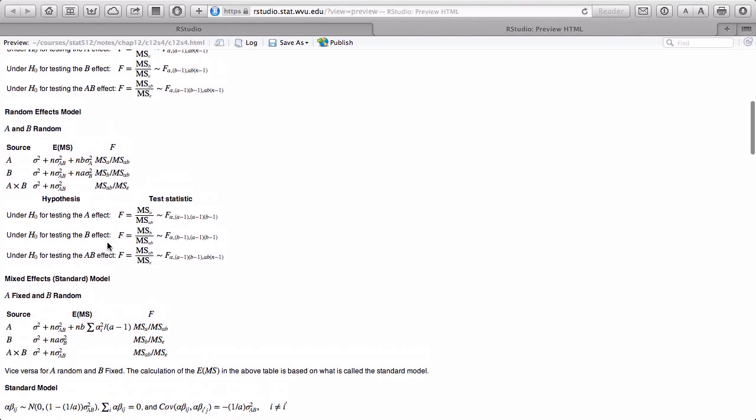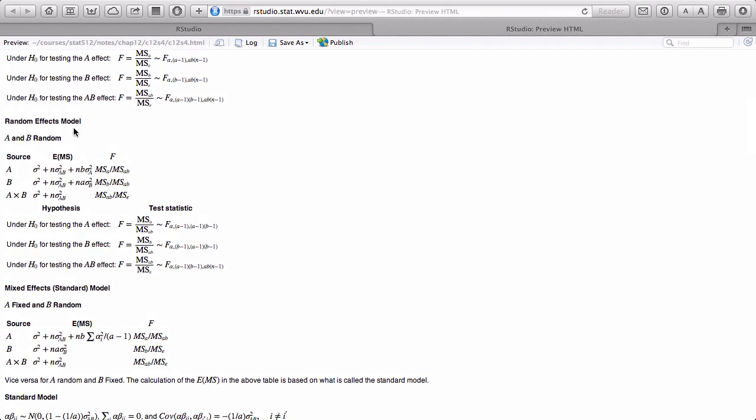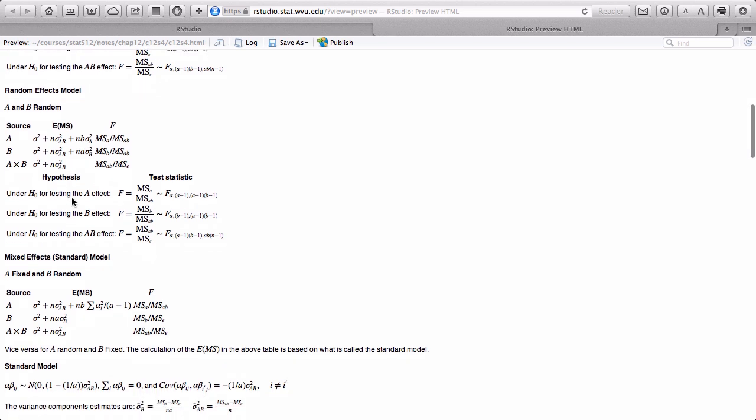Now what about if we have a random effects model? Notice here, when we compute this, all of them, but the random effects, have the interaction term in them.